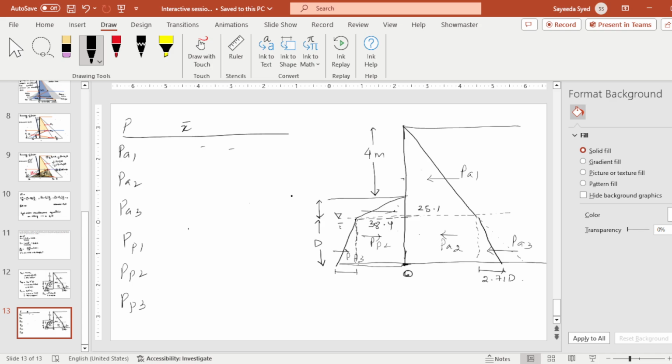And values, if we take, PA1 was 25.1, PA2 is again 25.1, PA3 is 2.71 D. These are not the areas, but these values.